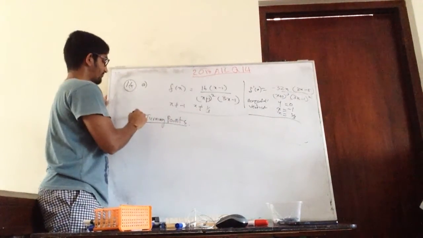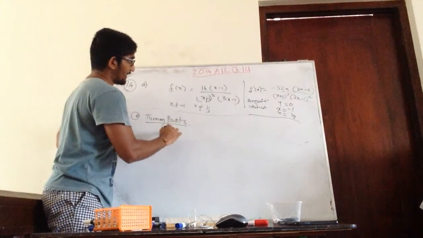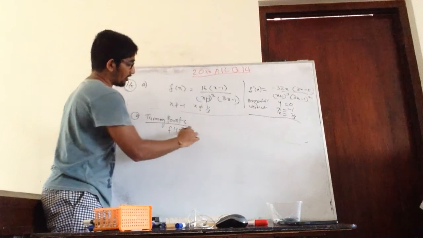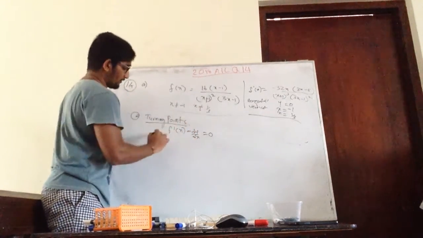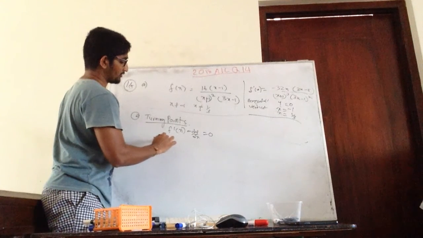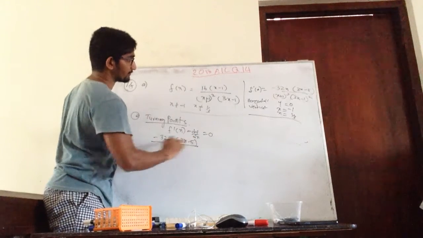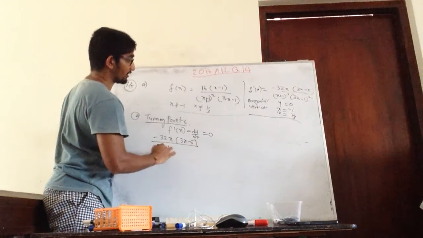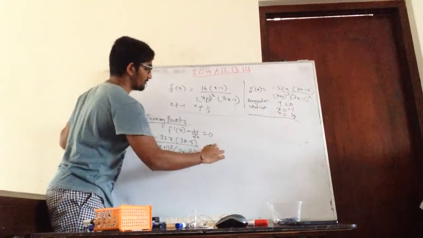At turning points, f dash x or dy over dx is 0, so we can evaluate that. So minus 32x, 3x minus 5, over x plus 1 cube, 3x minus 1 square is 0.